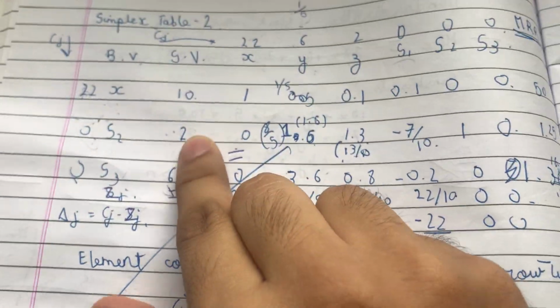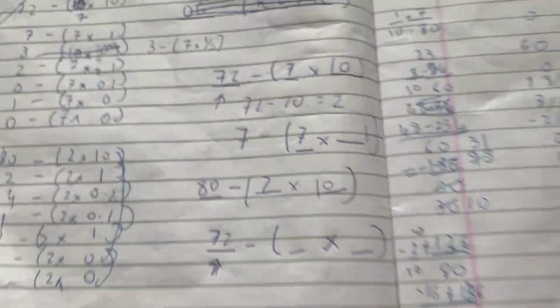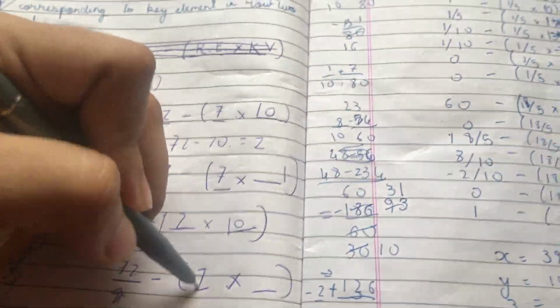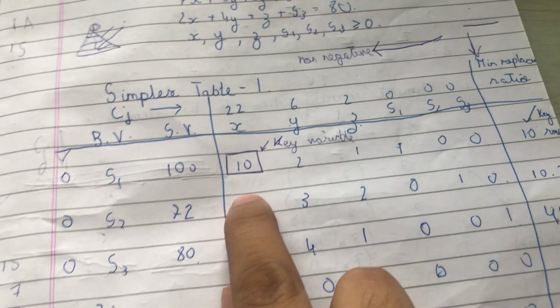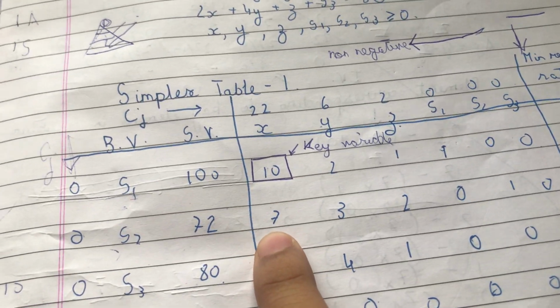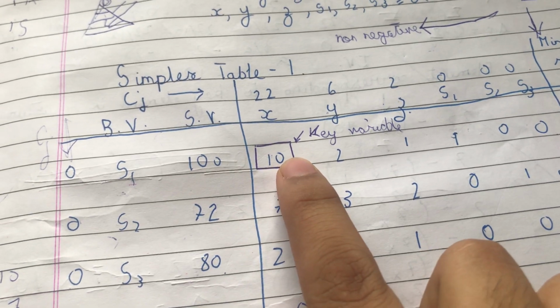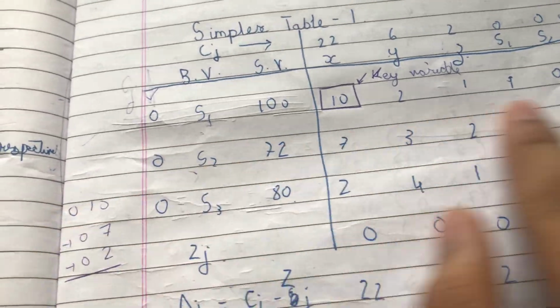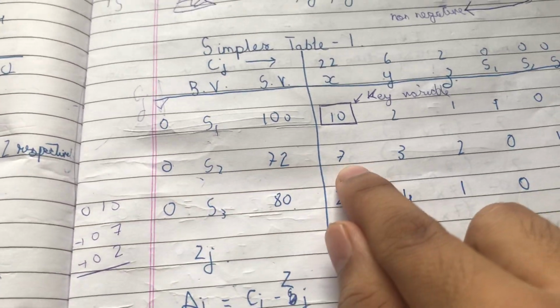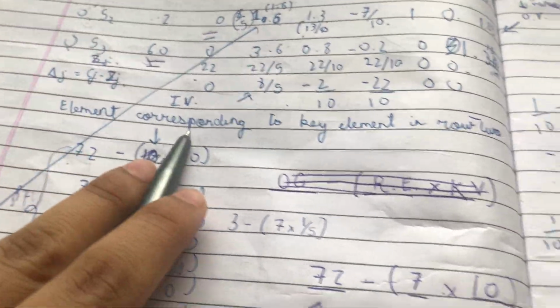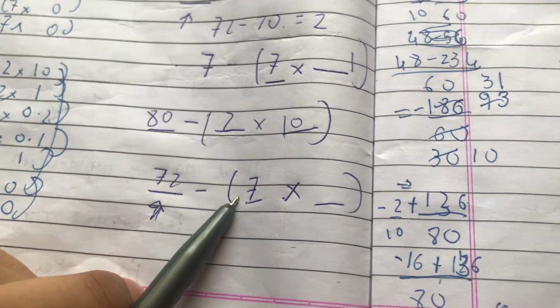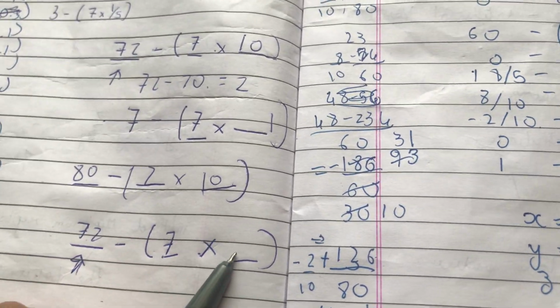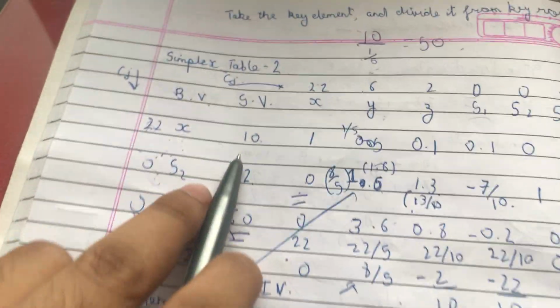We are finding the first one, we don't know what it is, so we wrote 72. Minus, now what do we subtract from it? 7. Why 7? 7 is the key element corresponding to the key element. It is the element which is corresponding to the key element. If you see, 10 was here, so with 10 there are 7 and 2, but our S2 is getting replaced. S2 is getting replaced means the values of S2 are getting replaced. 7 is our key element's corresponding value. So you write the element corresponding to the key element in row 2. So you write 7 multiplied by, now what value will come here? The value that will come here is 10.